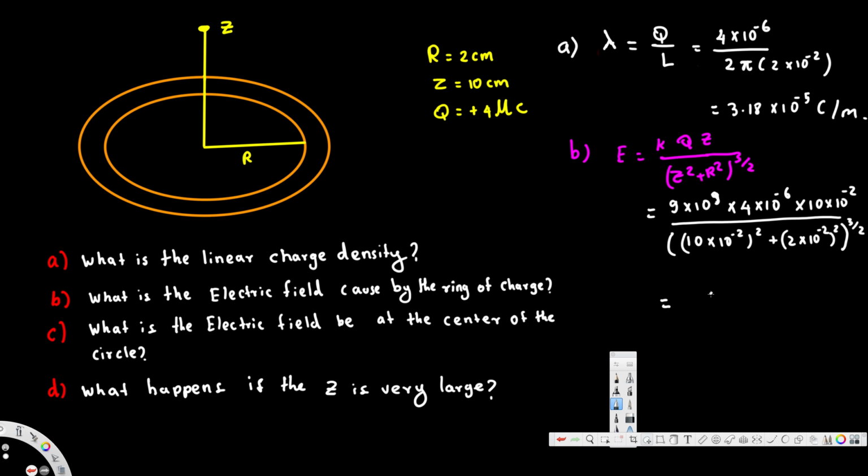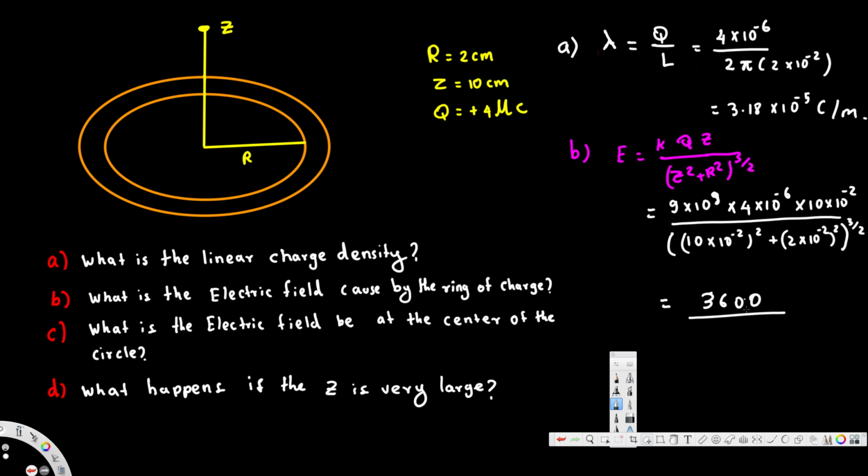okay, let me see, I have a calculator, let me calculate. Here we have 9 times 4 times 10, that's equivalent to 360, and minus 6 minus 2 is minus 8. So minus 8 plus 9 is just plus 1, so 3600.